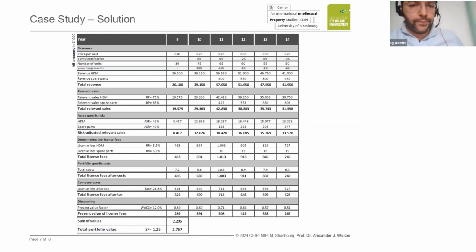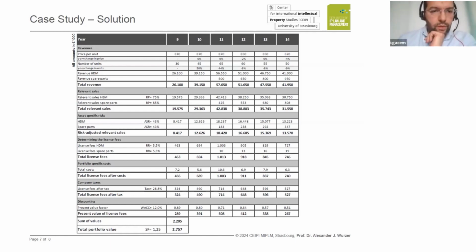So now we have a table that gathers all the data we have from the case, the data that is given, and the other data that is calculated. And we apply the method, the lift from royalty method, to calculate the portfolio value.